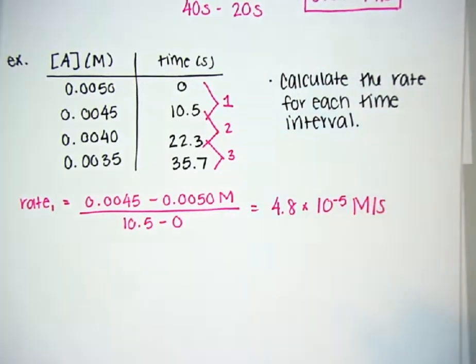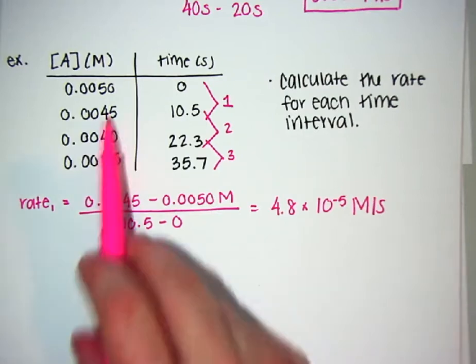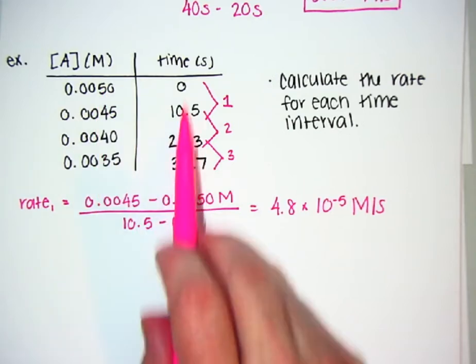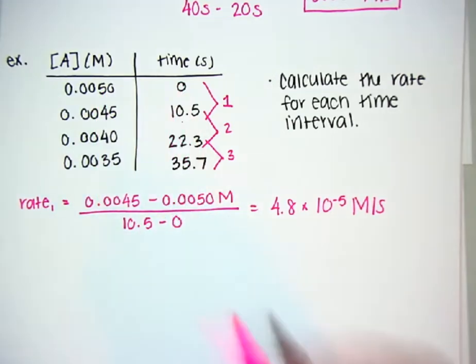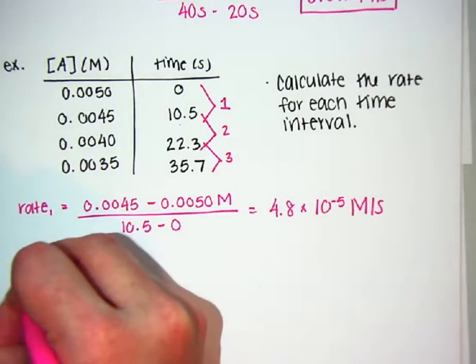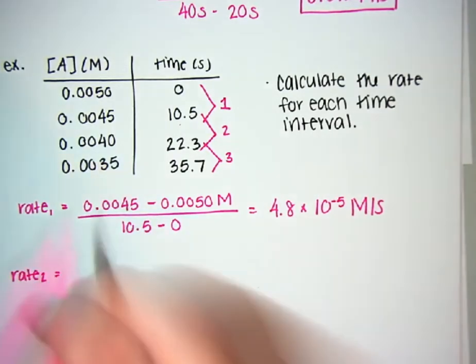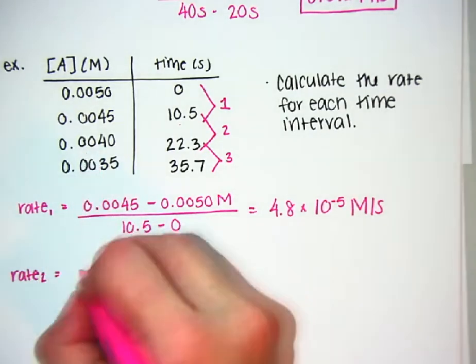All right, for the first rate, hopefully you got 4.8 times 10 to the negative 5th. I did the change in the concentration divided by the change in time. Rate is always a positive value. For my second interval, same thing.